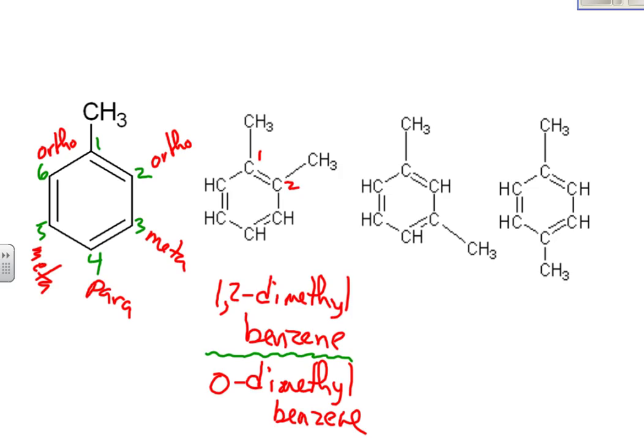And likewise, if we go to the next one, this would be a 1, 3 dimethylbenzene, or that'd be the meta, so meta dimethylbenzene.